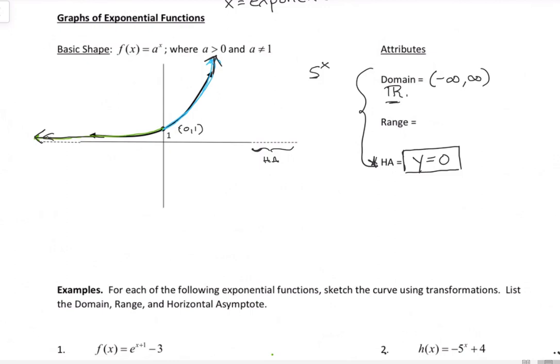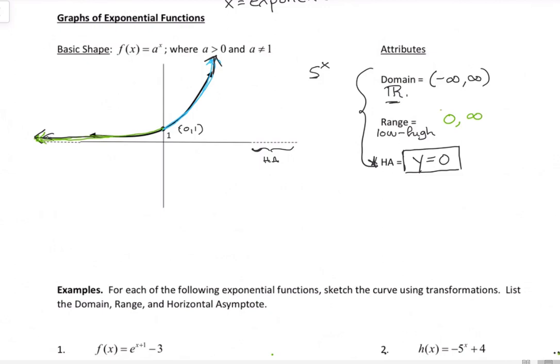Okay, now let's do the range. The range is going to be how low my curve goes to how high my curve goes. So in the basic shape, remember that left-hand side is approaching the horizontal asymptote and getting very, very close to it. So our range is going to start at where that horizontal asymptote is. And then, of course, how high it goes, it keeps going up until infinity. Of course, you never get to infinity, but it's rising continuously.